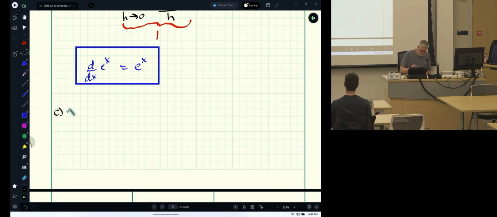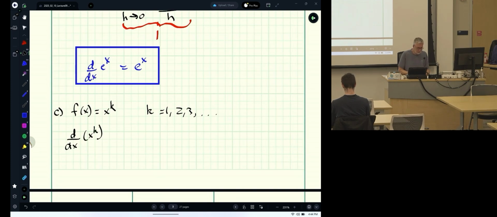Let's get all the monomials in one fell swoop. f of x equals x to the k, k equals 1, 2, 3, and so on. So then d by dx of x to the power k is by definition equal to the limit as h goes to 0, and we plug in the function evaluated at x plus h.